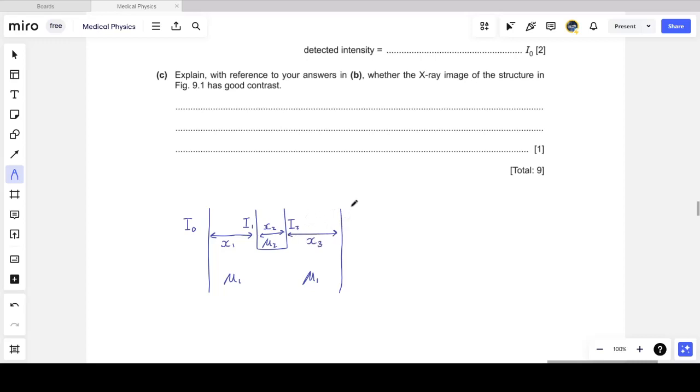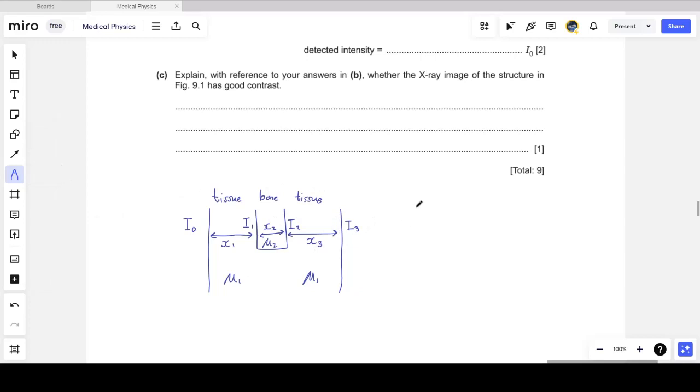So I0, I1, I2 exits the bone, and I3 finally exits on the outside. So I have tissue, bone, and tissue, and we're going to see if the order through which the X-rays pass through these structures actually makes a difference.